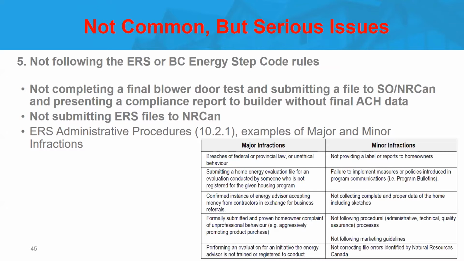Another example could be doing a file within the EnerGuide rating system, informing the authority having jurisdiction that it was submitted to NRCan, but not actually submitting it to the service organization or to NRCan. Within the ERS administrative procedures, there are examples of major and minor infractions. It's important that all energy advisors are very familiar with these and ensure that they are not committing either minor or major infractions.